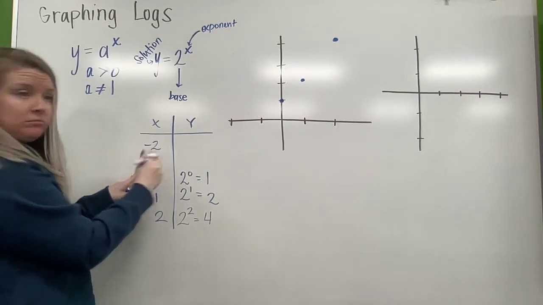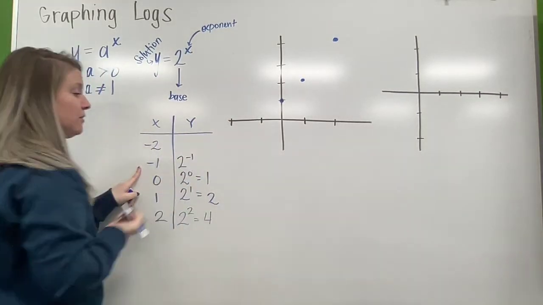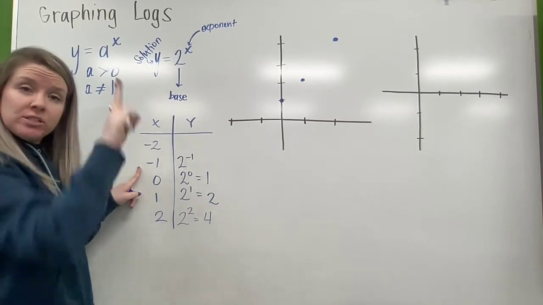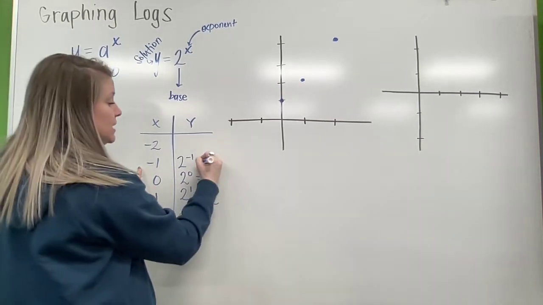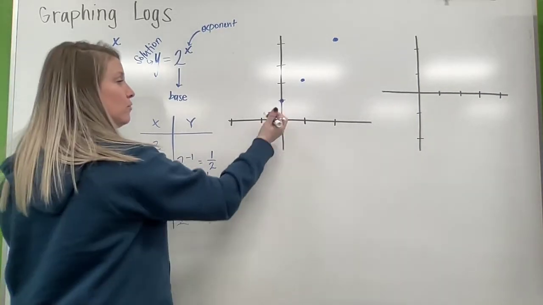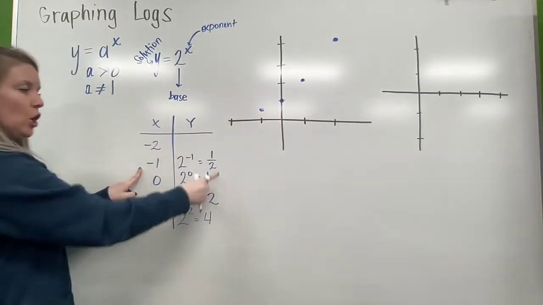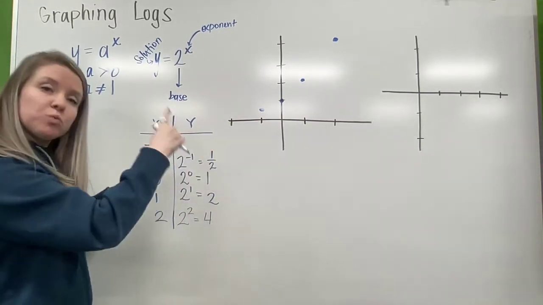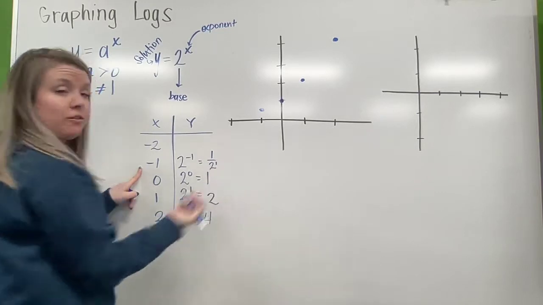Plug in -1, so this is 2 to the negative first. Remember, negative exponents drop to the denominator, so I get 1 over 2. So -1 gives me 1/2. Notice it's a positive 1/2. 2 to the -1 becomes 1 over 2 to the first power.